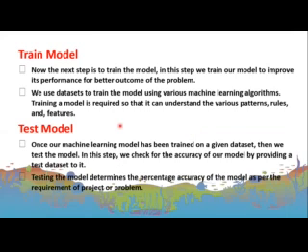And test model is next. Once the model is trained on a given set, then we can test the model, how the model will support you. Then we can check the accuracy of our model by providing test data to it. So the machine reacts to the training input you gave and provides the output. Then this determines the percentage accuracy of the model as per the requirement of the project or problem.